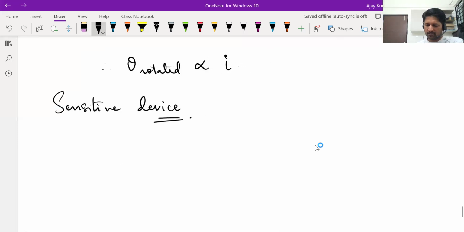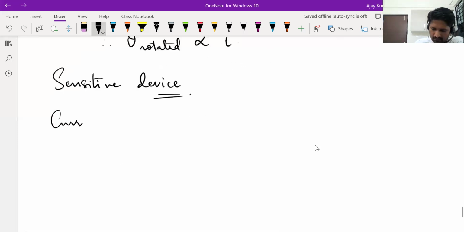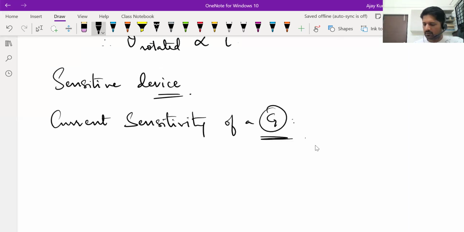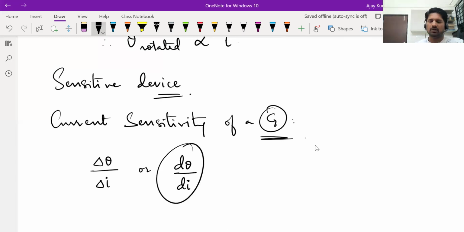So we define something called current sensitivity of a galvanometer. And how is current sensitivity defined? Angle rotated per unit current. Angle rotated delta theta per unit change in current delta I, or you can write d theta by dI. This quantity is what we call current sensitivity of a galvanometer.